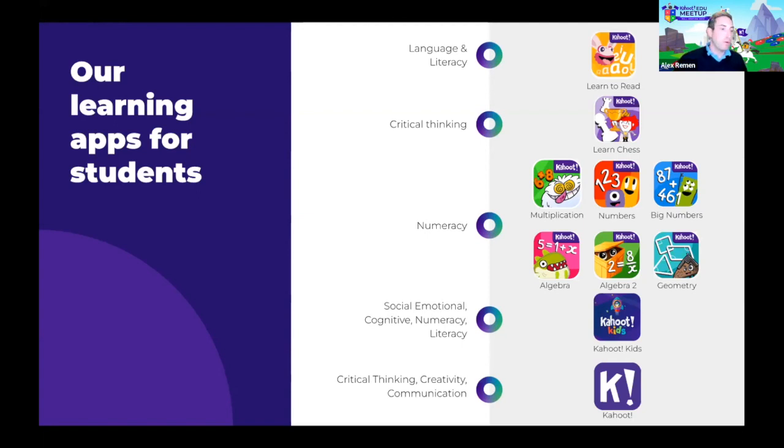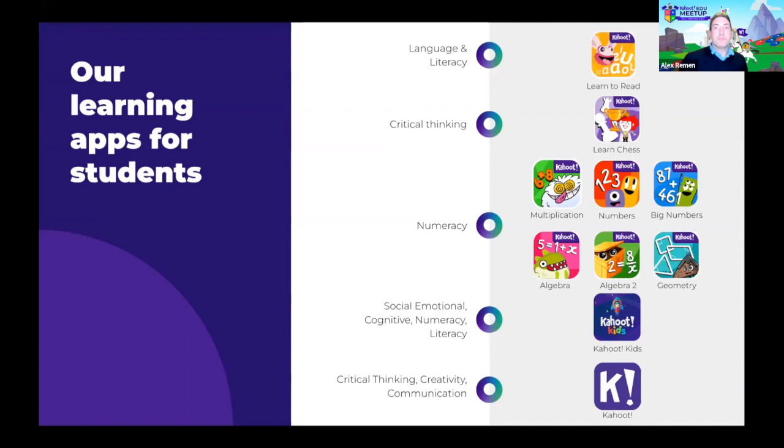What is common for all of our apps is that they're all made in close collaboration with our pedagogical expert team, and they're all free to try. With student passes, your students can unlock the full version of all of these apps. These apps run on iOS and Android and can be pre-installed by your system admins if needed at your school.